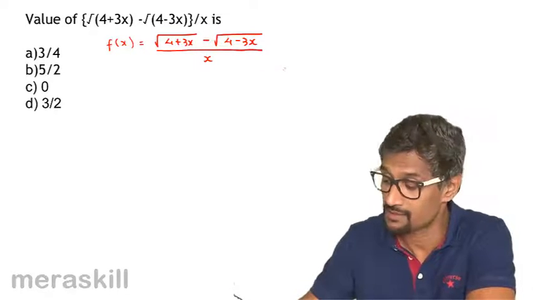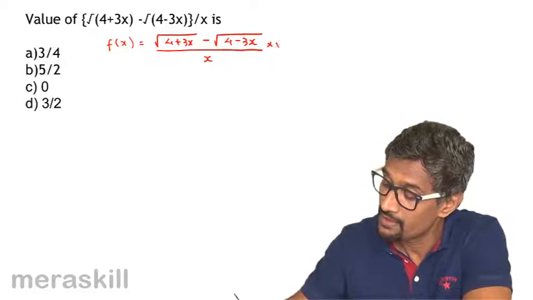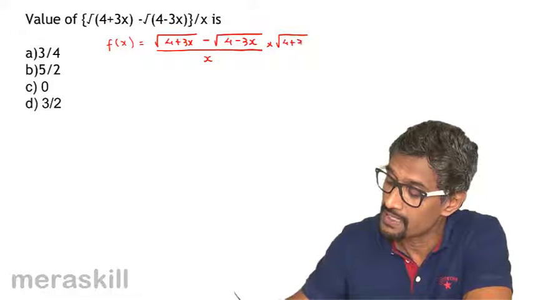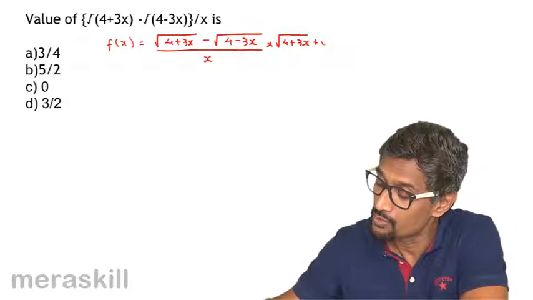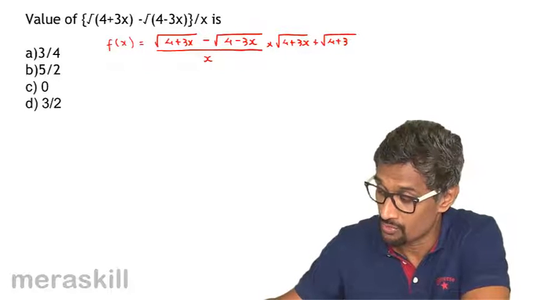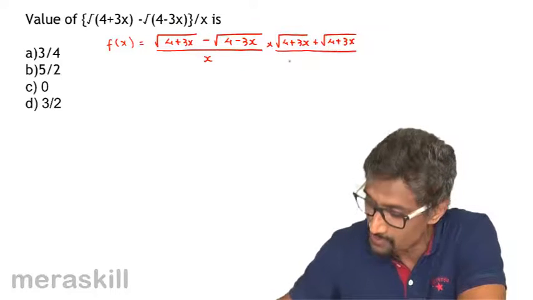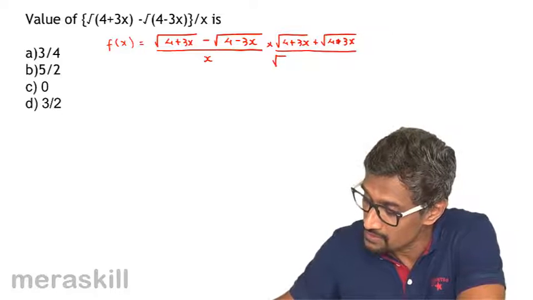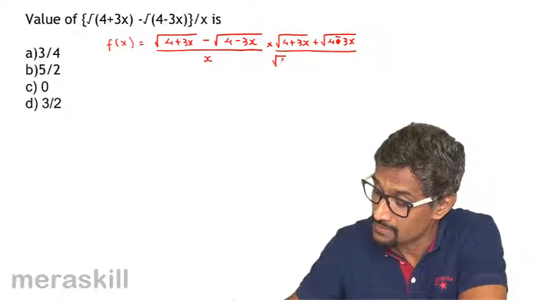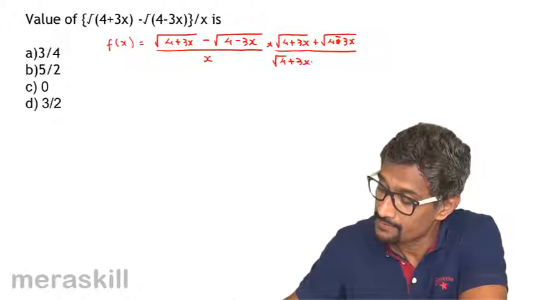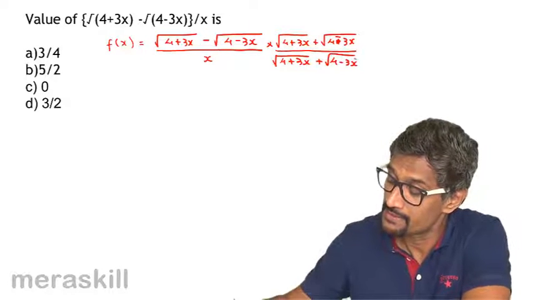You need to find the limit. So you need to multiply by root 4 plus 3x plus root 4 minus 3x. The numerator has it, the denominator also has to be multiplied. I'm sorry, this is root 4 minus 3x plus root 4 minus 3x.